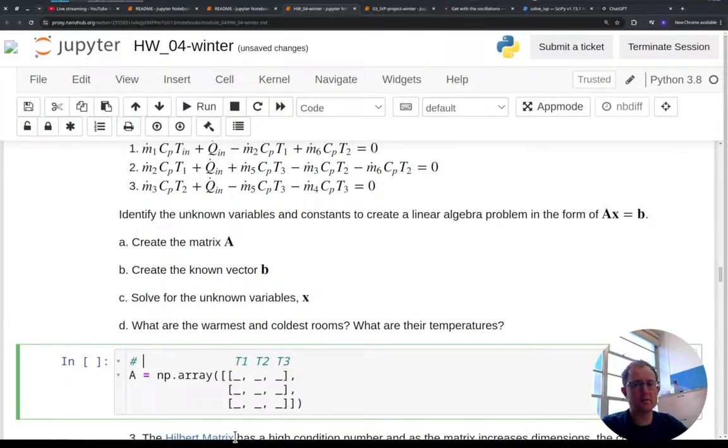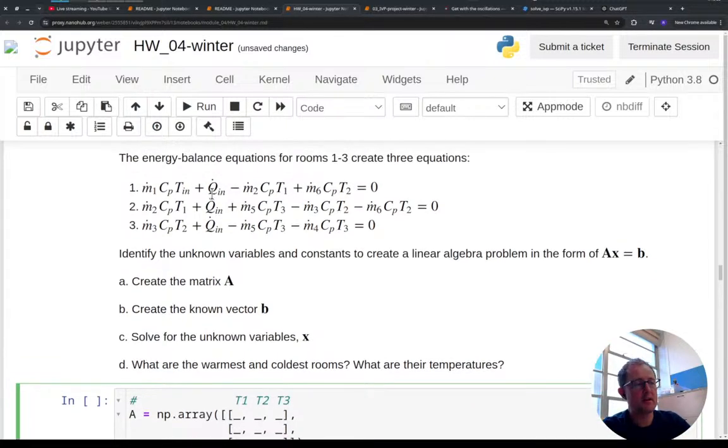So column 1 is everything multiplied by T1, column 2 is T2, column 3 is T3. In equation 1, there is no T3 value, so I know that this one's going to be 0. There is a T in and a Q in, but I'm not worried about that yet because those are not multiplied by T1 or T2.